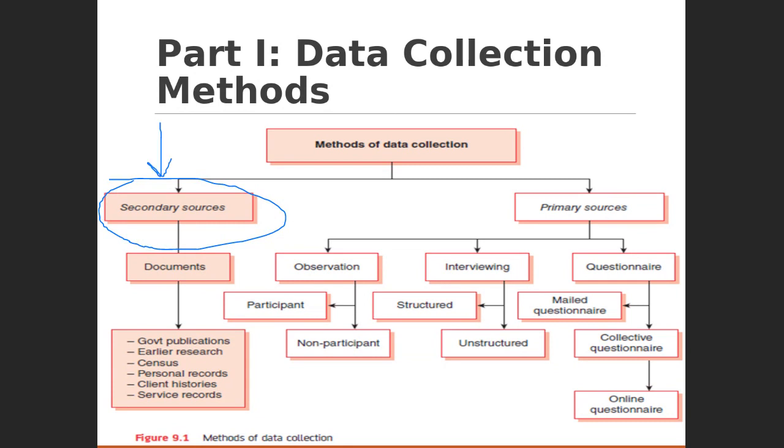For instance, if you are investigating the effect of foreign direct investment on GDP growth rate of the country, data regarding both the variables, foreign direct investment and GDP, are already available in government's statistical and monetary reports. You just need to extract them, and this is one of the examples of secondary sources of data.